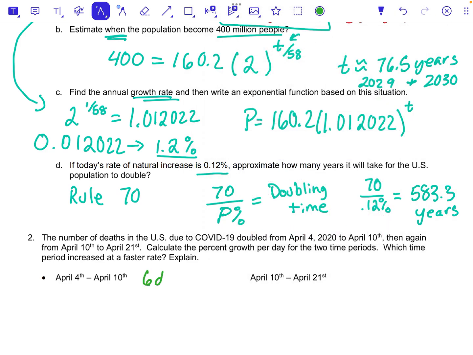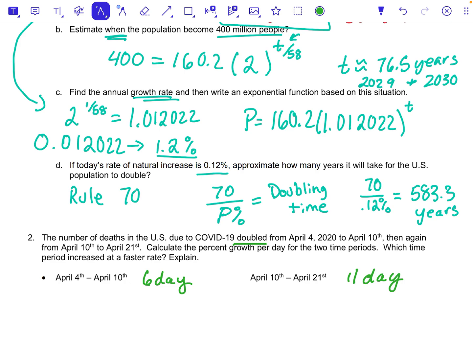This is a 6-day period. So over this 6-day period, the number of deaths doubled. They also doubled again from the 10th to the 21st. So that's the 11-day period. And so which period did the number of deaths increase the most rapidly?